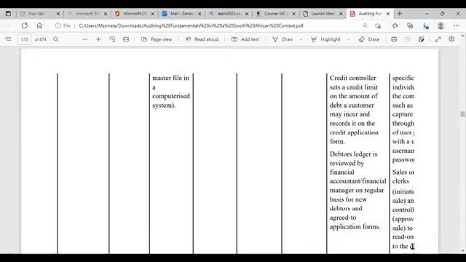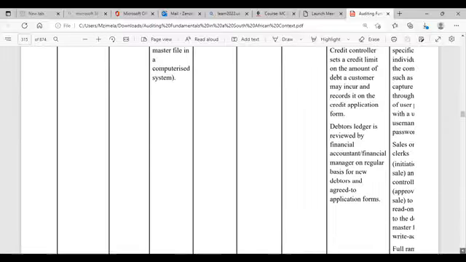Then you move over to the next, this is still credit, look at receiving orders from customers and so on and so forth. Read those. In case you don't understand, you shout and we'll make sure you know what you're talking about.